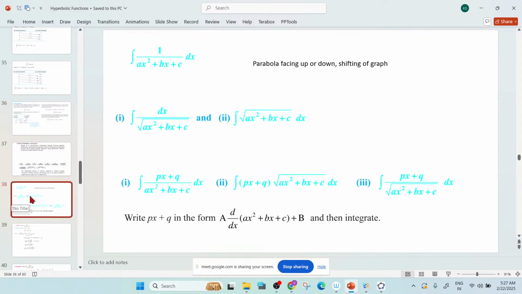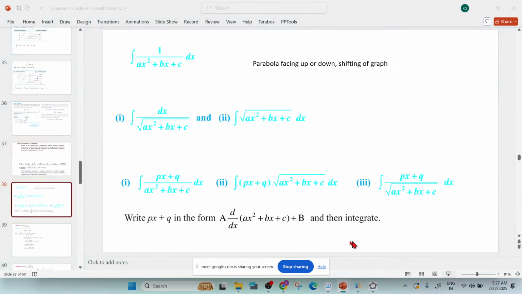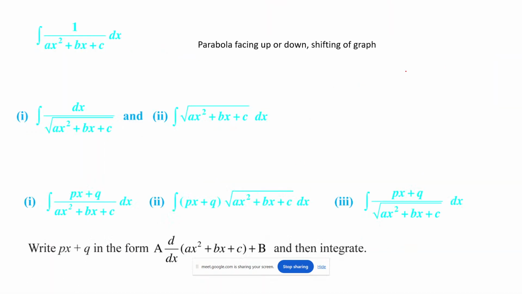So ax squared plus bx plus c is always a parabola. Take only the bottom part. This is always a parabola, right? This is always a parabola which is either facing up or facing down, depending on whether a is greater than 0 or a is less than 0.